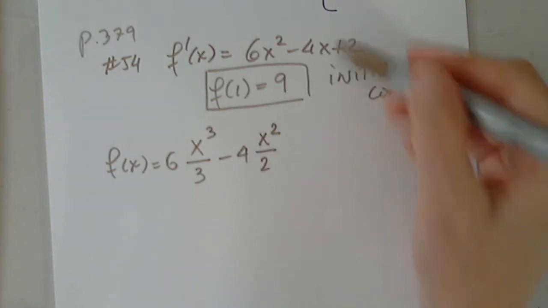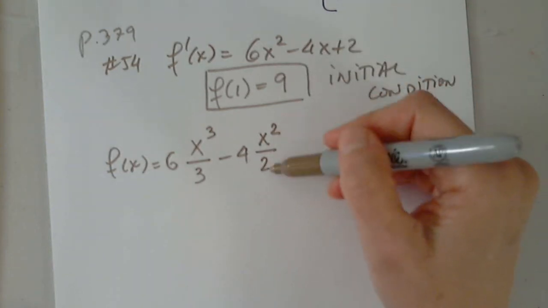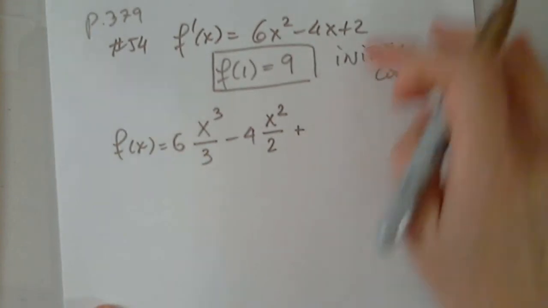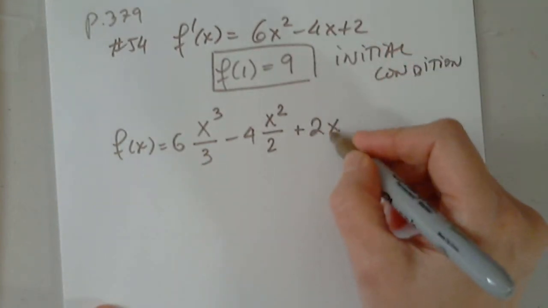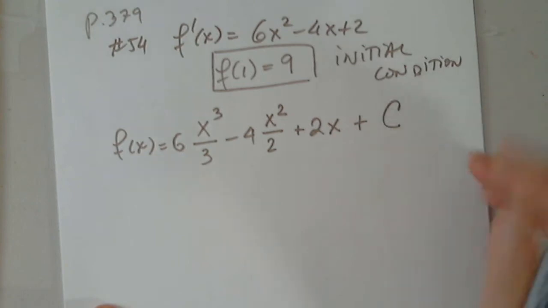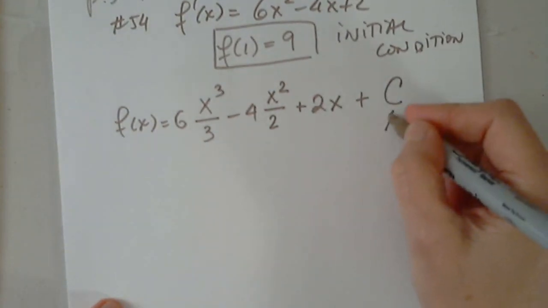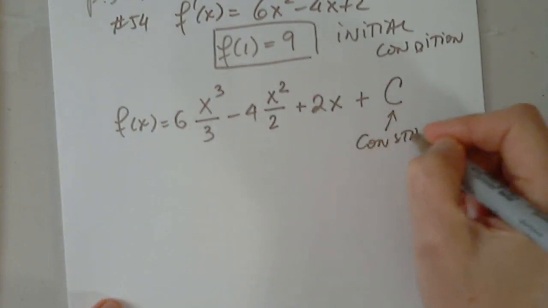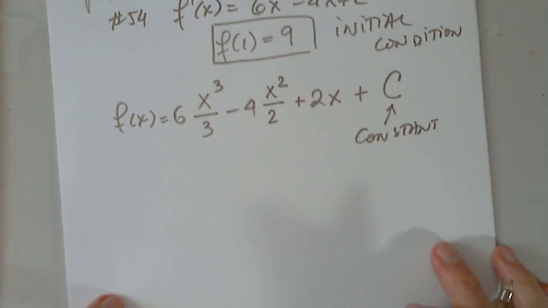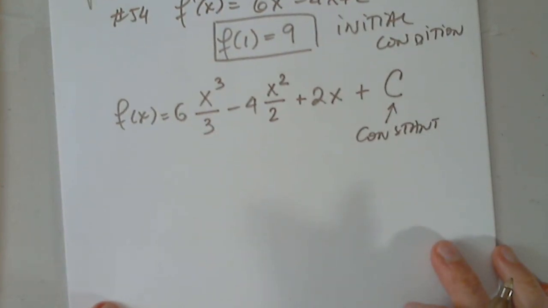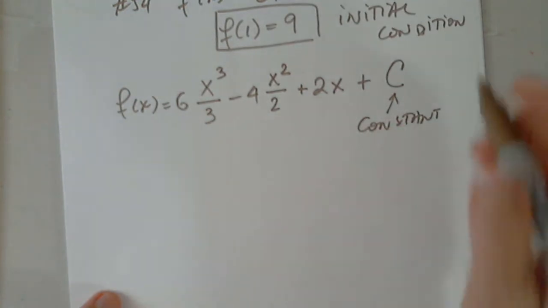I increase the power by 1 and divide by that power. Plus, which function prime is 2? Well, it has to be 2x. And plus a constant c. So c is a constant. Okay, I will clean it up a little bit.